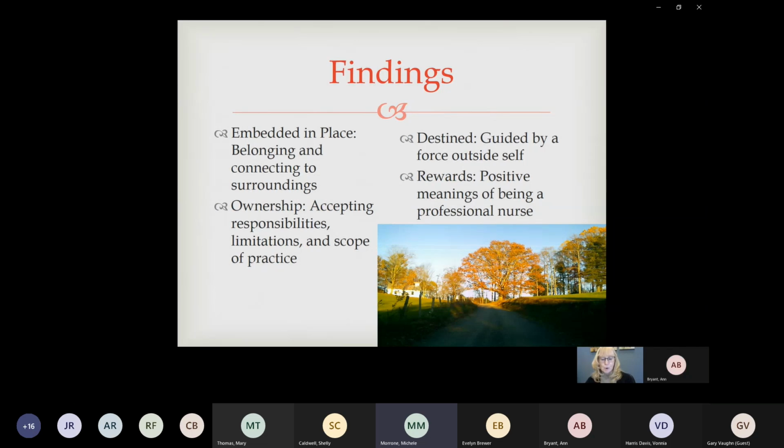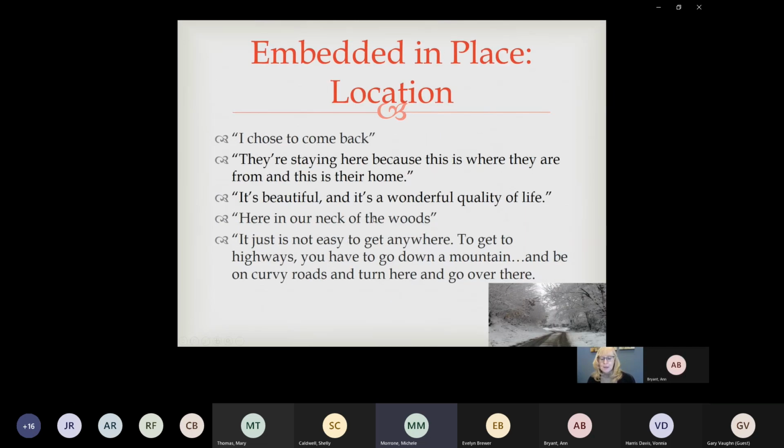Destined was fulfilling a role dictated or guided by a force outside of self, and reward is positive personal perceptions of self-worth and value attributed to their fulfillment of the duties of nursing. How they made meaning of what they do and how they felt about being a professional nurse.